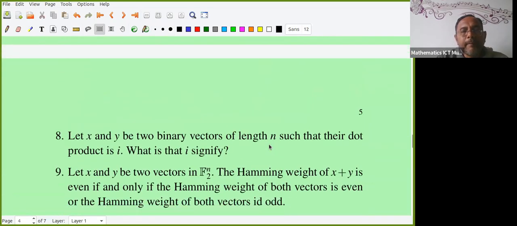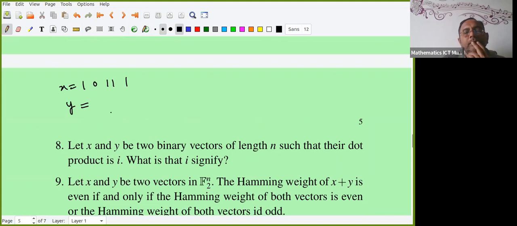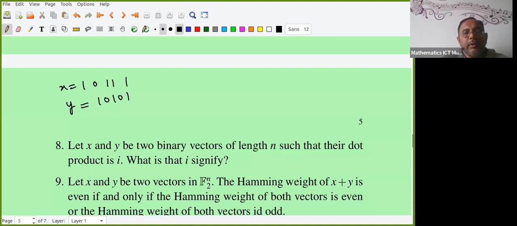Okay. X and Y are two binary vectors of length n, and their dot product is I. What is that I signifies? Okay. So for example, I have 1 0 1 1 1, okay, x equal to this. Can you tell me any y of length 5? 1 0 1 0 1. Okay.